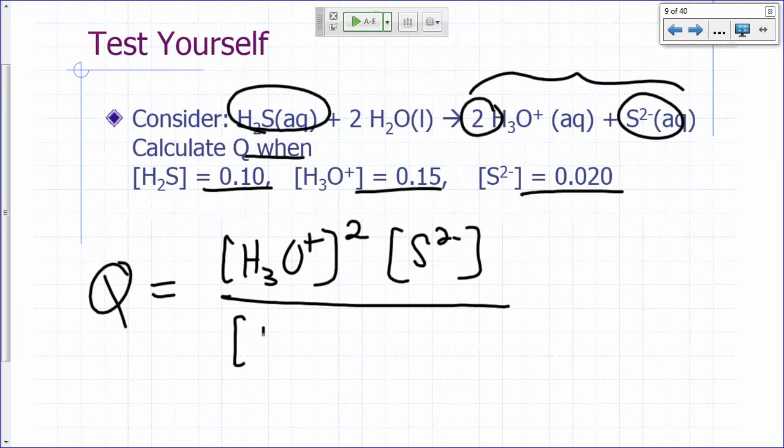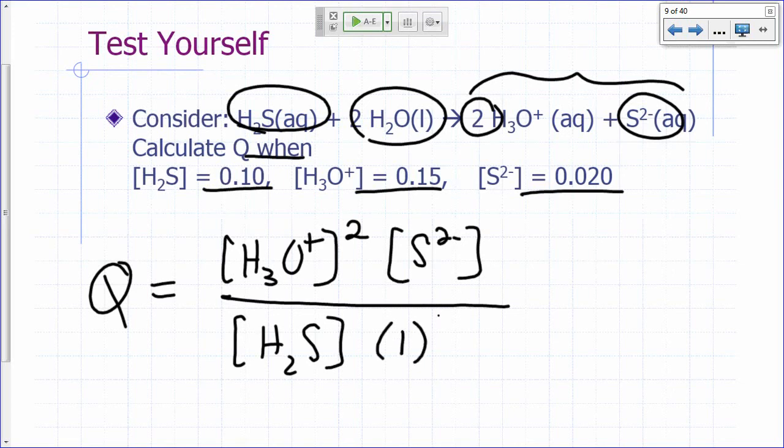It's an aqueous solution, so concentration of H2S raised to what power? 1. And do I do the concentration of water? No, what's the activity of liquid water? It's actually the solvent here, mole fraction, but for practical purposes, that's just going to be a 1. And raised to what power? 2. So 1 squared is still 1, right? So you can just ignore that one.